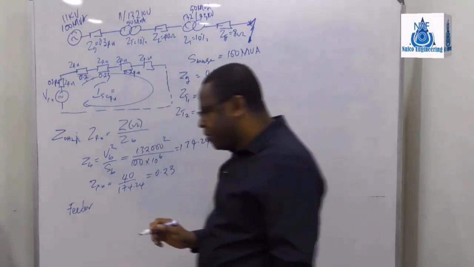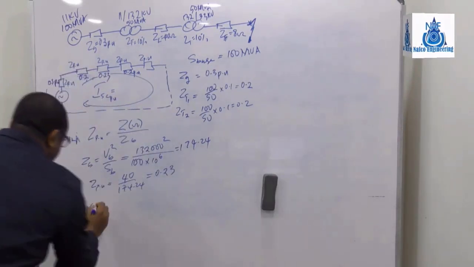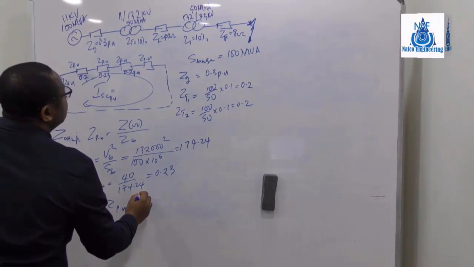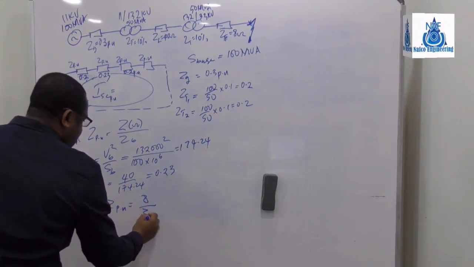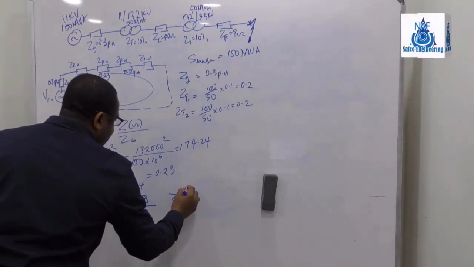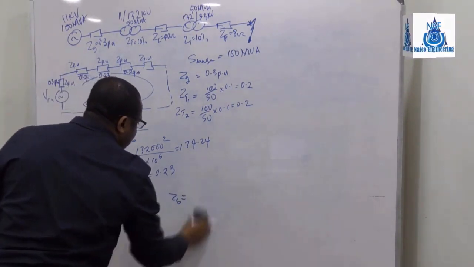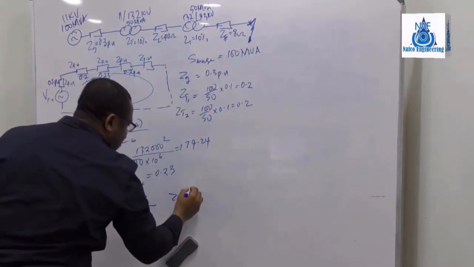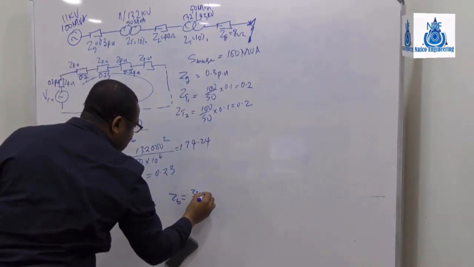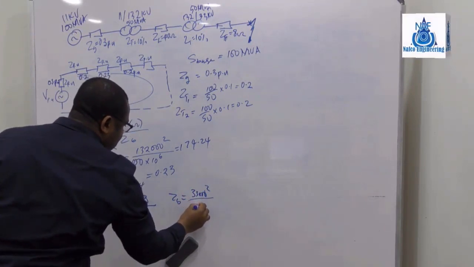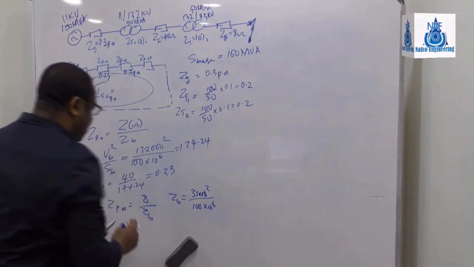Now you come here also, the feeder. On the feeder, so we do the same thing. Z per unit will be 8 over Z base. But Z base there is V base squared over S base. What's the V base there? Here it is 33,000, squared, over S base. S base is 100 times 10 to the power 6, right?